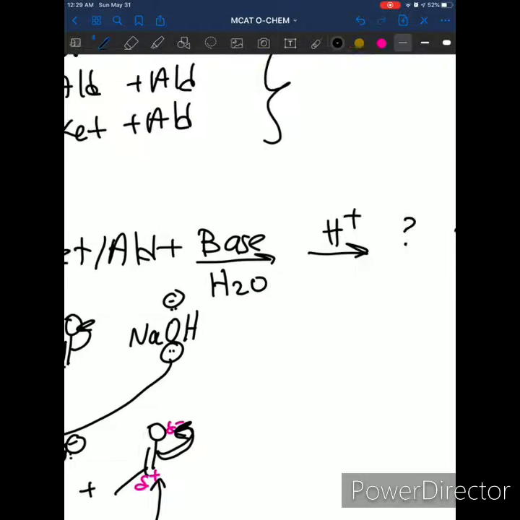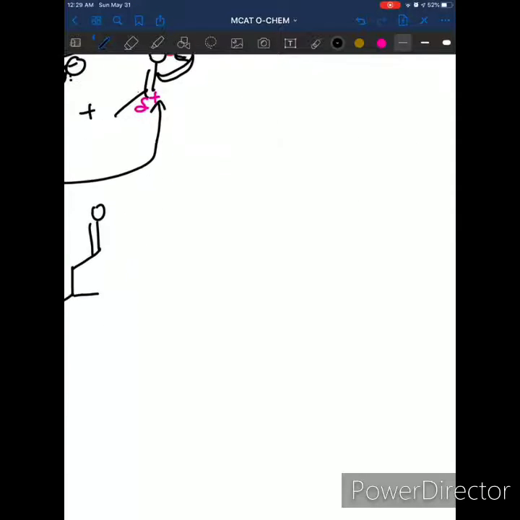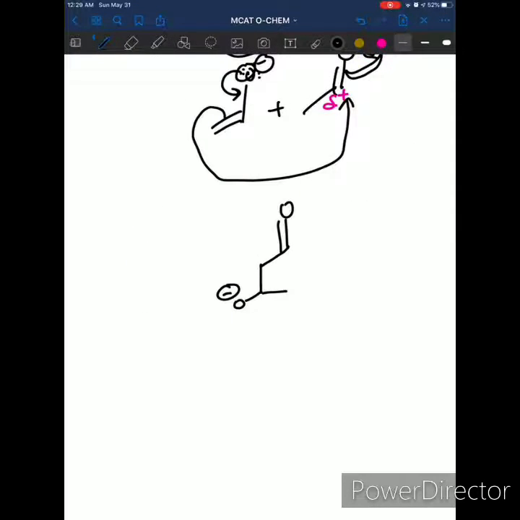Okay, so now that we have this, the second step was to add the acid. And adding this acid, all it's going to do is, let me erase this instead of writing it again, it will just give this an OH. It will just protonate that. And this is called a beta-hydroxyaldehyde.